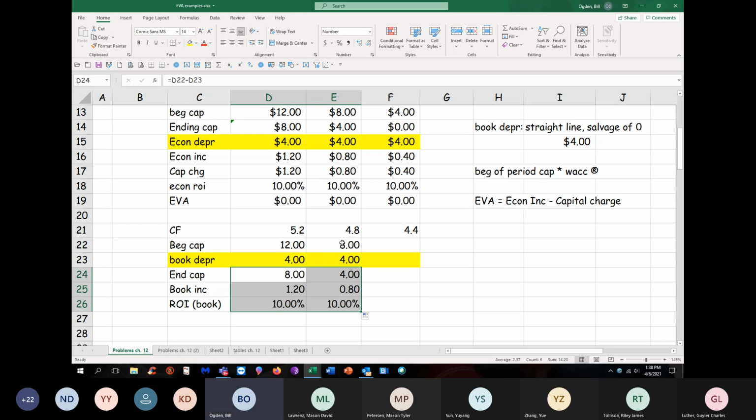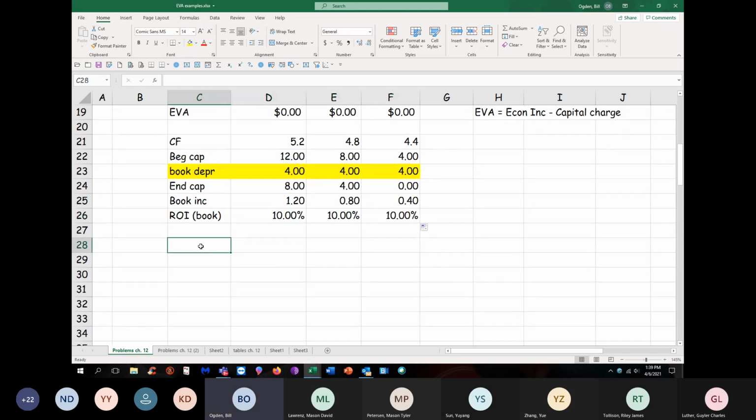So we don't need to do this one at a time. And you notice economic ROI equals book ROI.